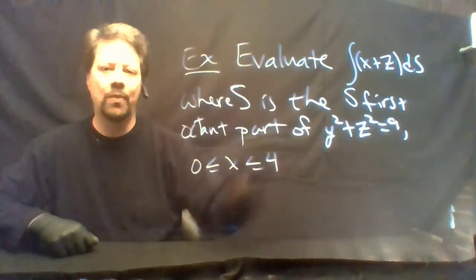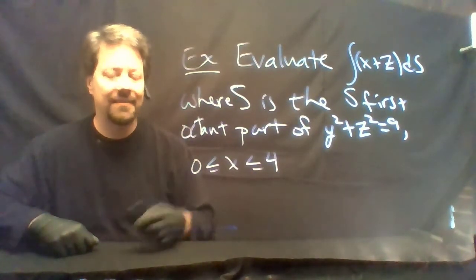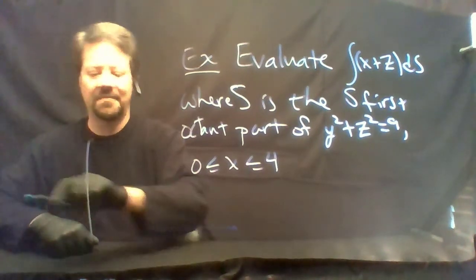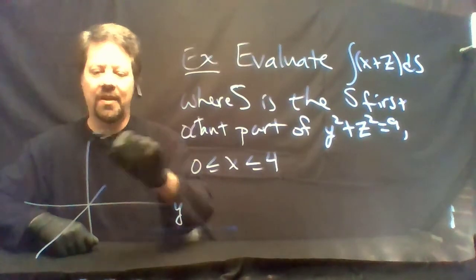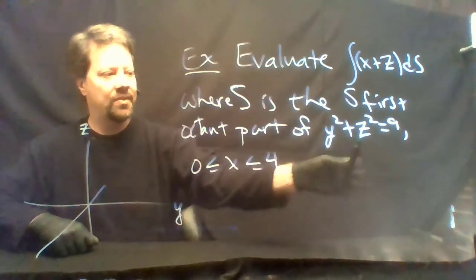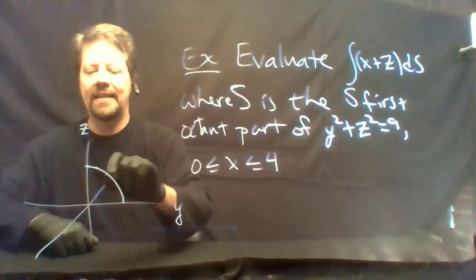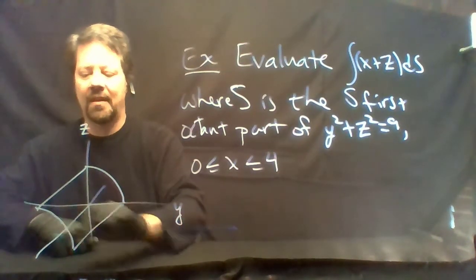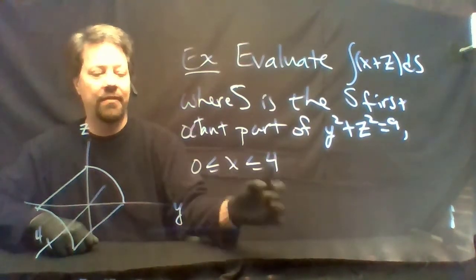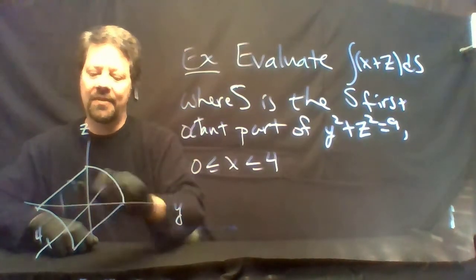Y squared plus z squared equals 9 is a cylinder. And we'll draw the circle of radius 3 in the YZ plane, but drag that along the x-axis until we get to 4. So this will be our surface.